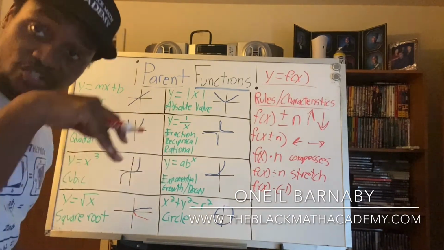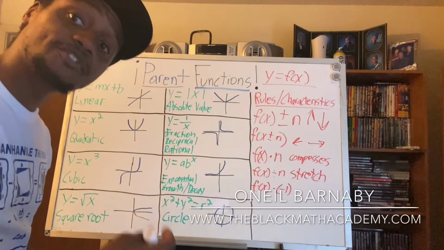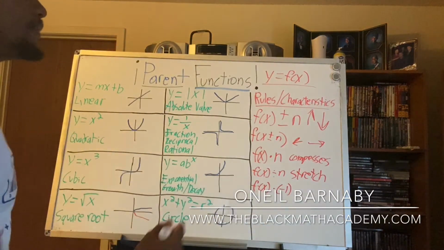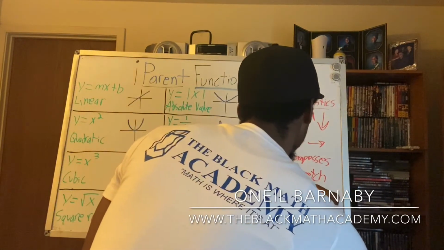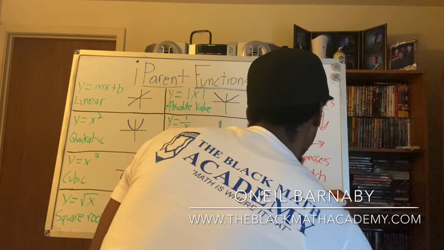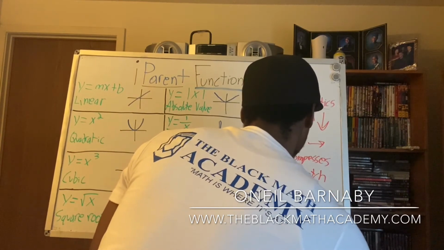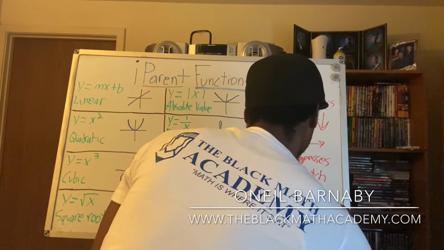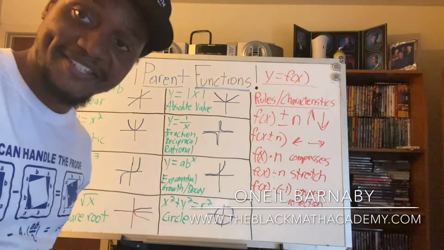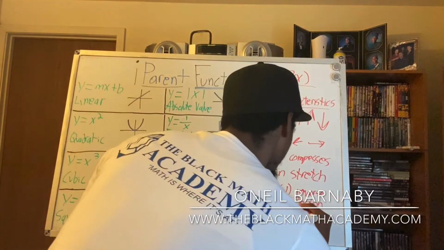Behaving the same way, just downwards now, in an inverse type of way. So multiplying f of x by a negative number is an inverse or a reflection. Specifically across the x-axis. Let me write that down too.